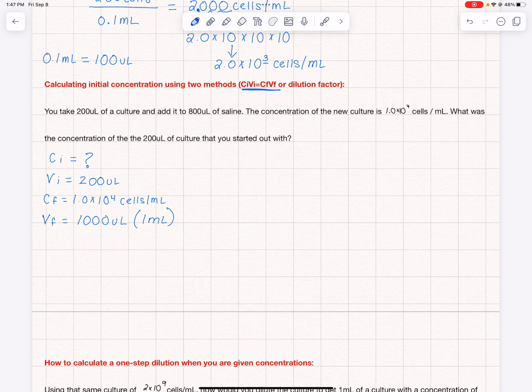So now we can plug these numbers into our equation to be able to solve for our initial concentration. So if we just kind of rearrange this equation, that would give us CI being equal to our 1 times 10 to the 4th cells per mil.